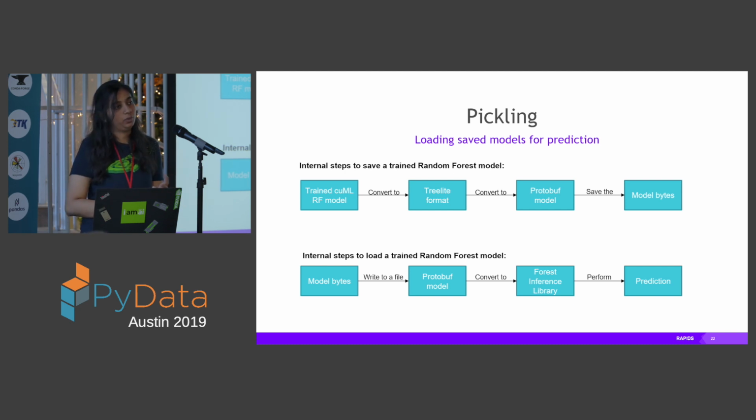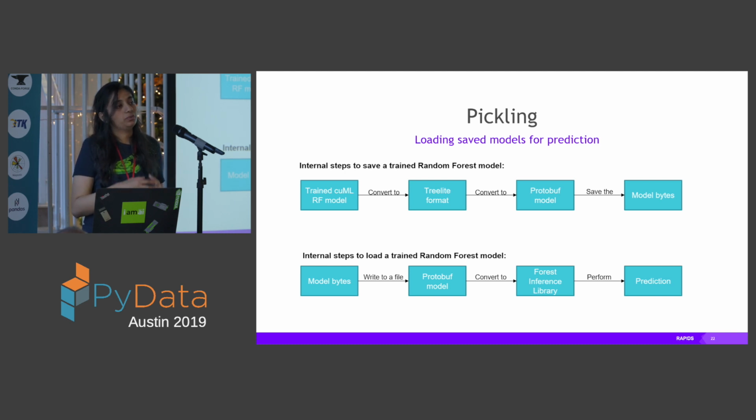Internally, we train the model, or you pass in a trained model, and we convert it to a Treelite format. Treelite is an open source library that we use as a base for our Forest Inference Library. We actually considered creating our own base, but that was a lot of work, and we experimented with Treelite and it worked really well, so we decided to go for it.